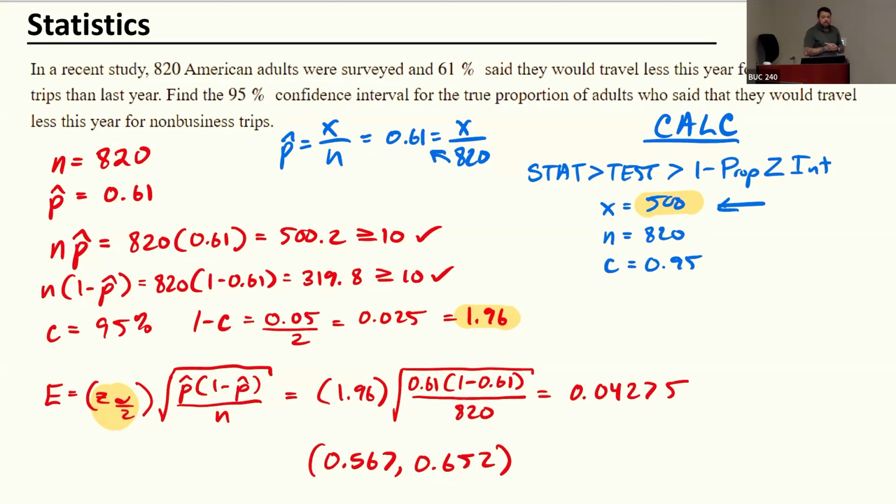You multiply that percent value times the total number, and it's going to give you that x value. Your calculator wants the x value because it's going to do its own proportion. It doesn't want you giving it the proportion. It wants to see the x over n, the actual values you use to get that proportion. Okay, so that's what you've got to watch for.